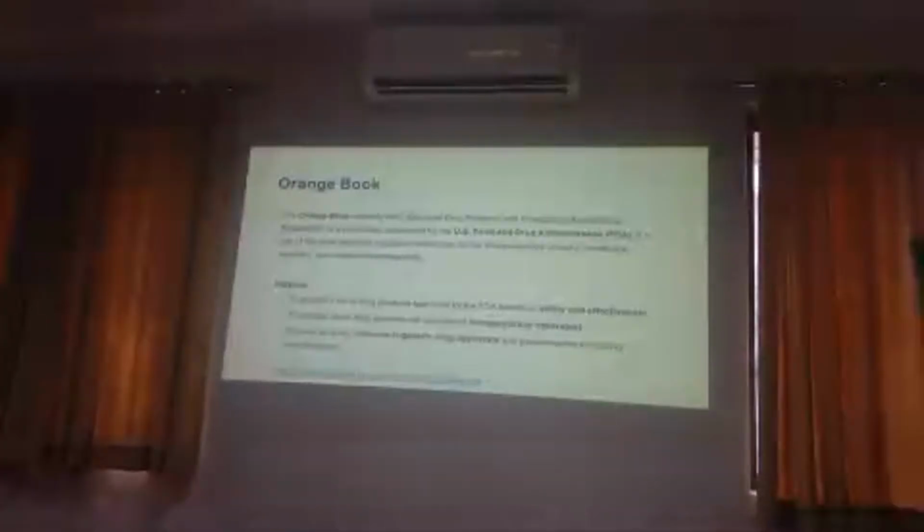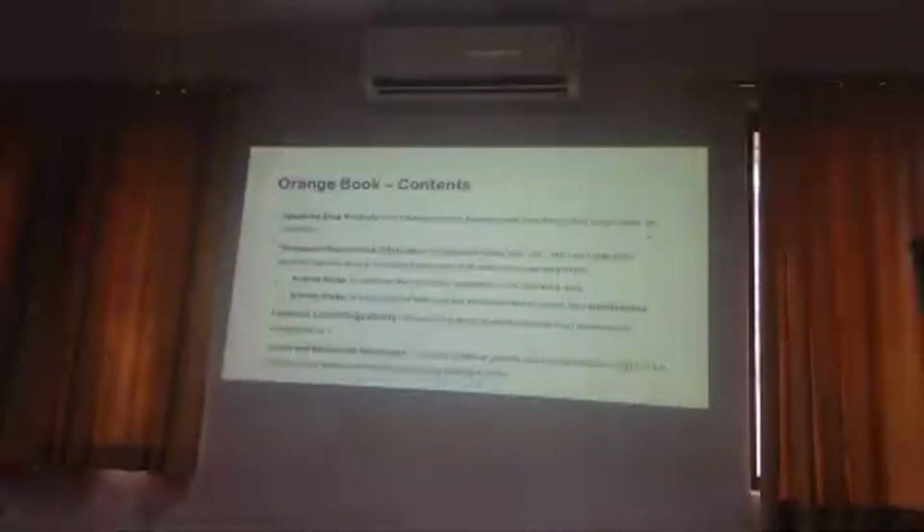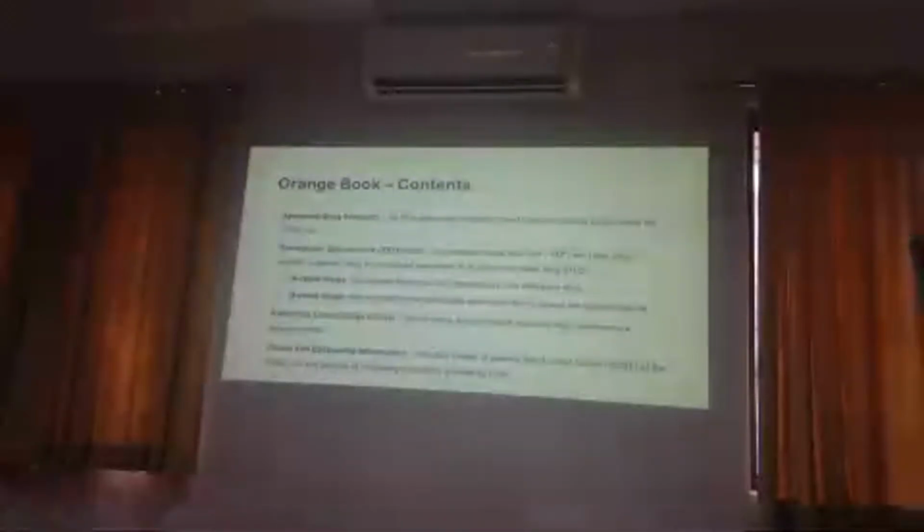There are columns where they give whether they are therapeutically equivalent or not, to serve as a key reference in generic drug approvals. It contains approved drug products, therapeutic equivalence codes, reference listed drugs, and patent and exclusivity information is also part of this.